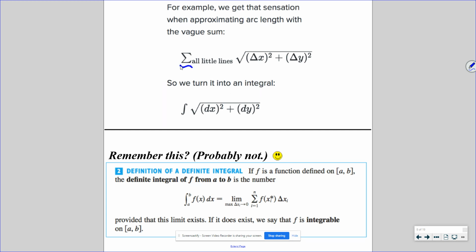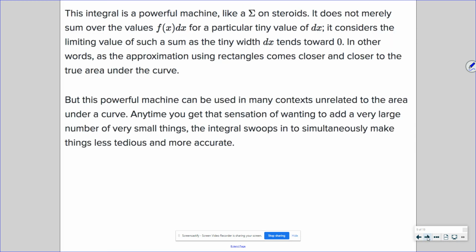But remember that taking the sum of a bunch of things is the same thing as taking the integral, okay? Down here is the definition that reminds you of that, FYI. Just another side note, an integral is a powerful machine, like summation on steroids.